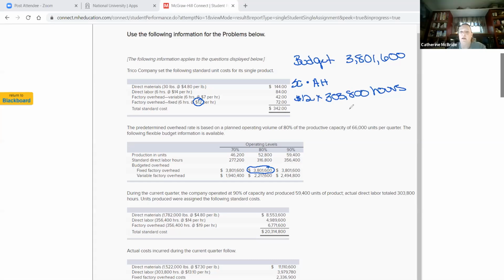For this one, this is 3,645,600. The difference is the number of hours. If you were to dissect it, we know the actual hours used was 303,800.